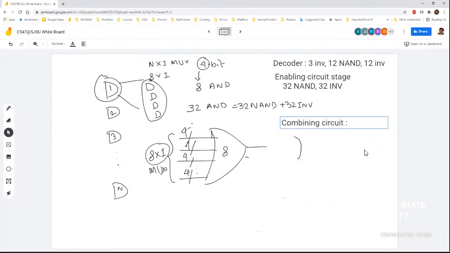Each of them is 8-bit each, 8 input, 1 output, and we have 4 of them.